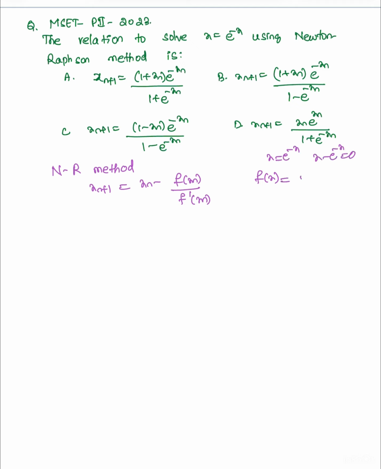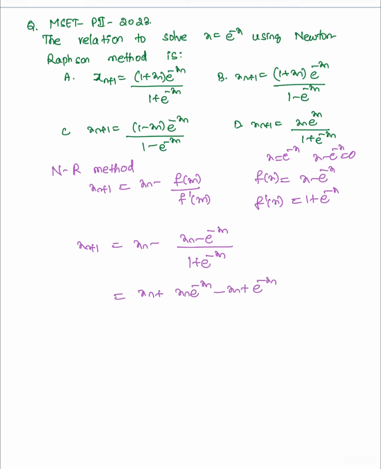Therefore we have f of x equal to x minus e raised to minus x. So f dash of x will be 1 plus e raised to minus x. Therefore x_(n+1) is equal to x_n minus f of x_n, which is x_n minus e raised to minus x_n, divided by 1 plus e raised to minus x_n. So this will be x_n plus x_n into e raised to minus x_n minus x_n plus e raised to minus x_n divided by 1 plus e raised to minus x_n.